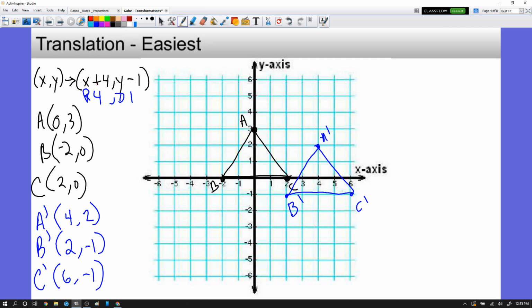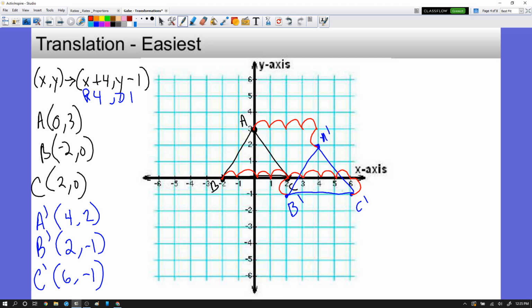So it said plus 4, that means 4 to the right. It said y minus 1, that means 1 down. So we can always take these points and go 1, 2, 3, 4, 1 down. That point checks out. Nice. 1, 2, 3, 4, 1 down. Wonderful. 1, 2, 3, 4, 1 down. Perfect. All of the points are moved exactly 4 to the right and 1 unit down. Check.